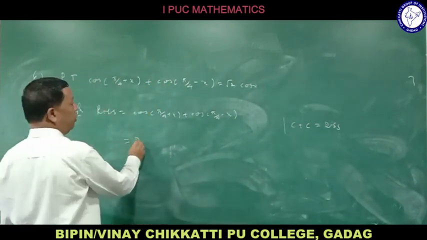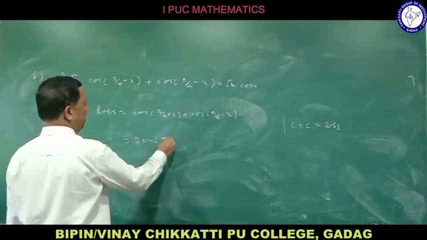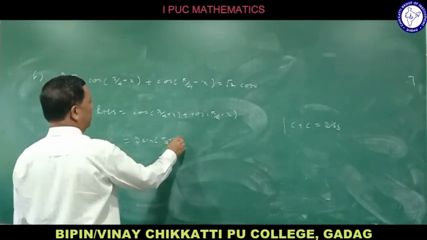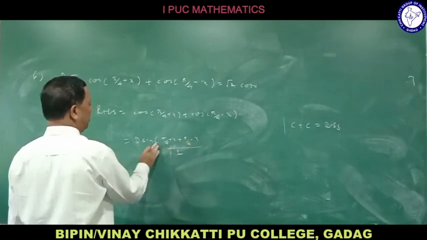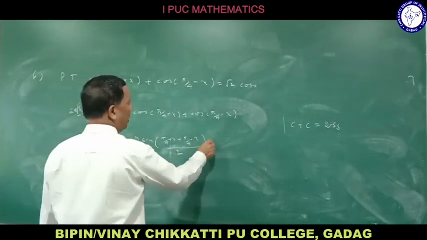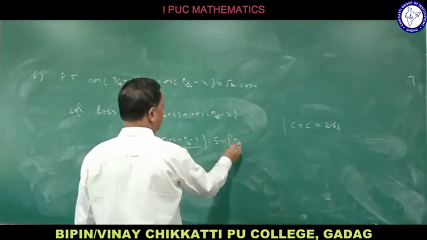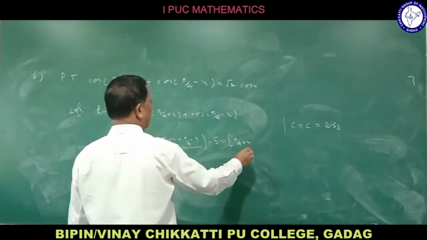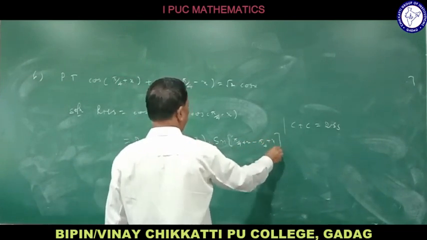So 2 sine of (pi by 4 plus x plus pi by 4 minus x) divided by 2, and sine of (pi by 4 plus x minus pi by 4 plus x) divided by 2. Look, the plus x and minus x cancel.